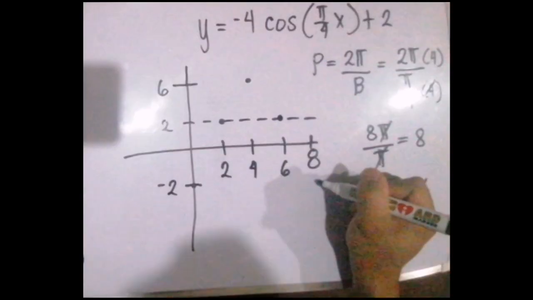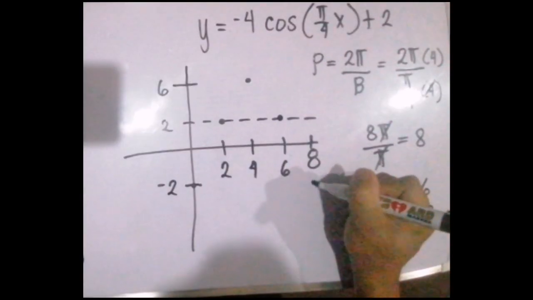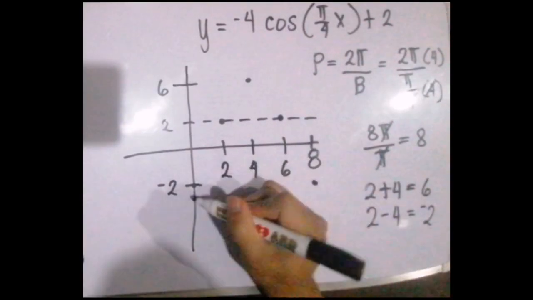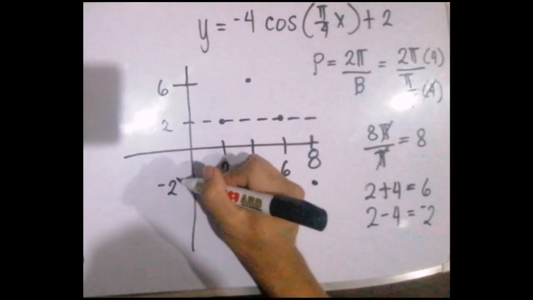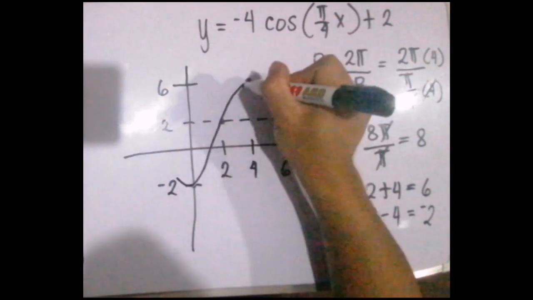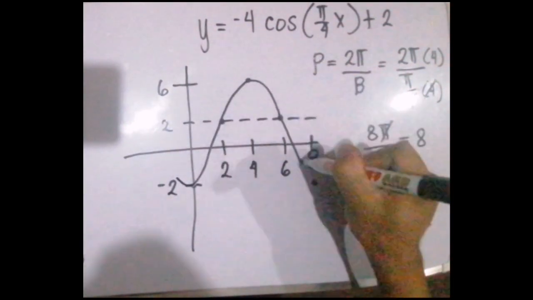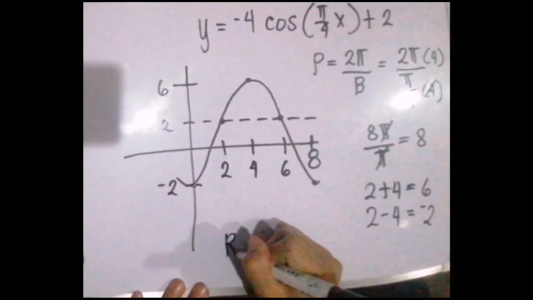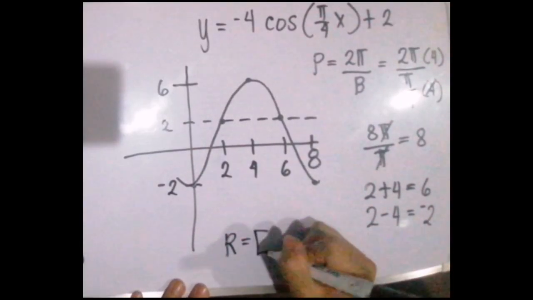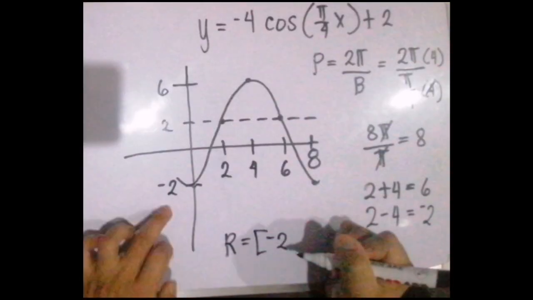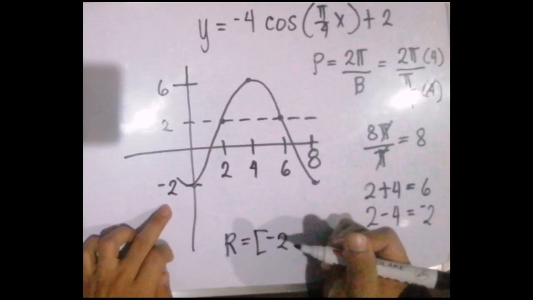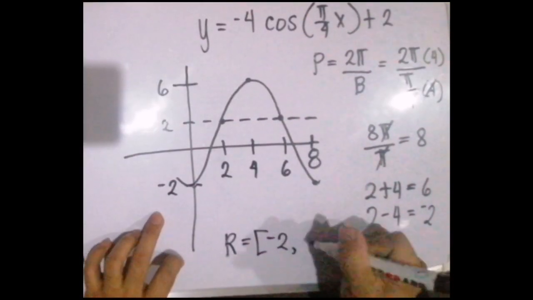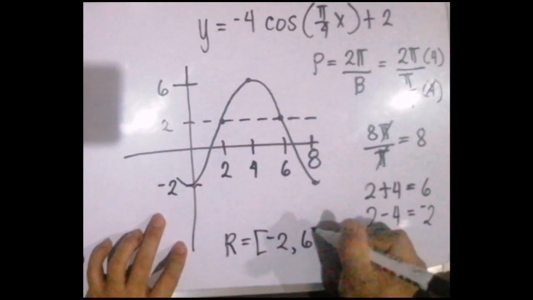And back to negative 2. So let's connect them all. So it would be right there. So the range of it will be negative 2, the lowest, and 6.